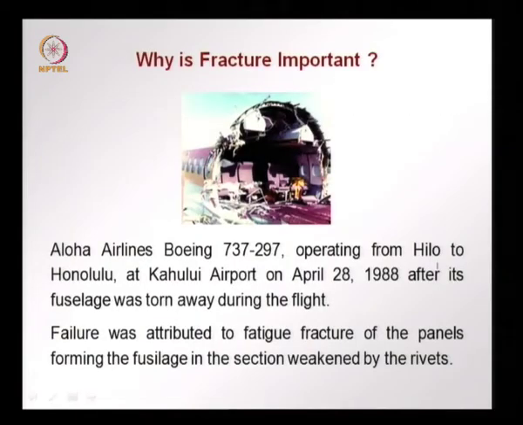What happened was, in this Boeing 737-297 that was flying in Hawaii, a crack propagated along the section that was riveted. After many flights, due to fatigue loading, defects had started to propagate along the circumference of the fuselage where it was riveted. A crack suddenly developed and the fuselage was torn away. Unfortunately, some people were killed during this accident.